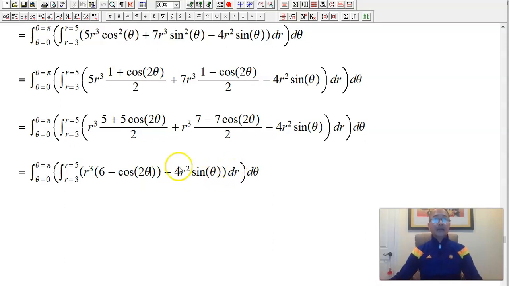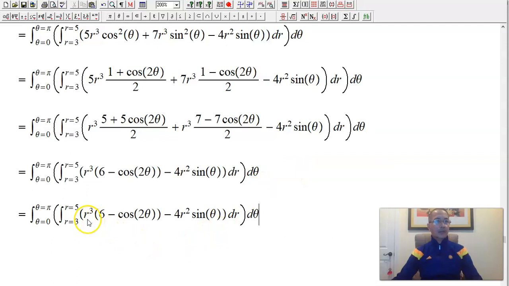Minus 4r squared sine theta. We can keep it factored. We can now integrate with respect to r.